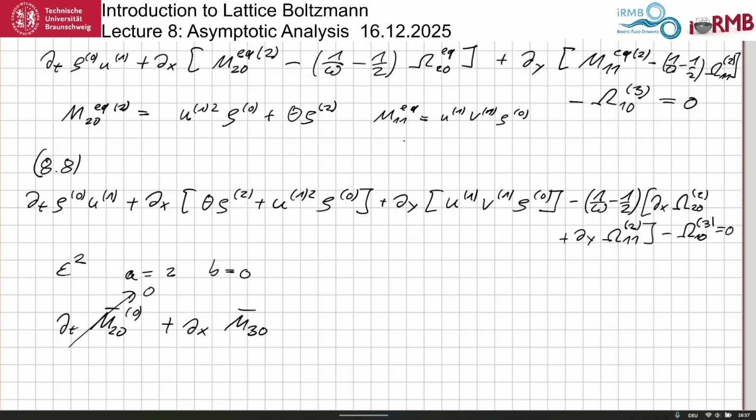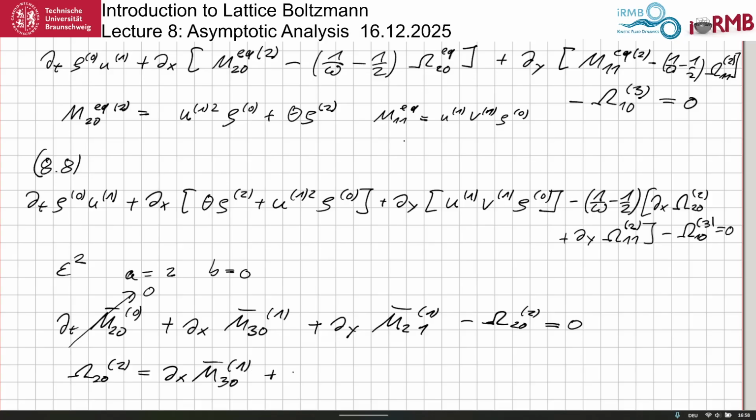So we count up here to 3. We know this could be a problem, but we have done this already. To first order, plus dy m21 to first order, minus omega 20 second order is equal to 0. So that means we can write omega 20 to second order is equal to dx m30 to first order plus dy m21 also to first order.